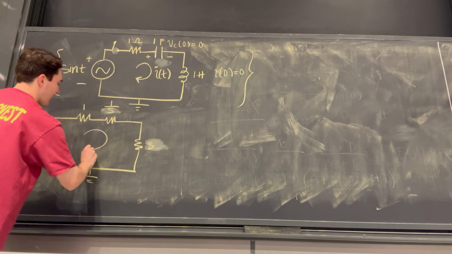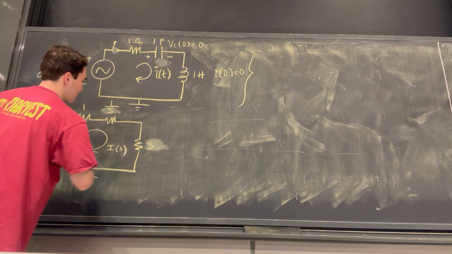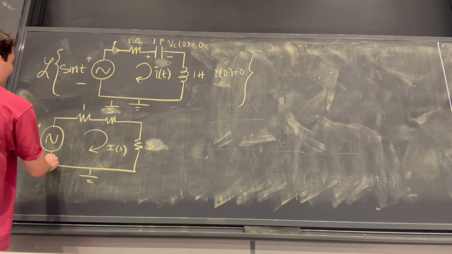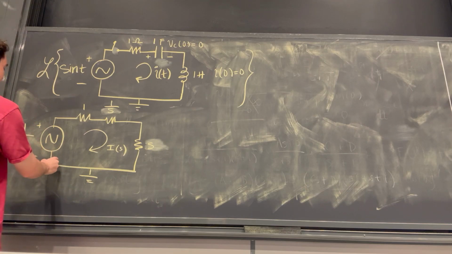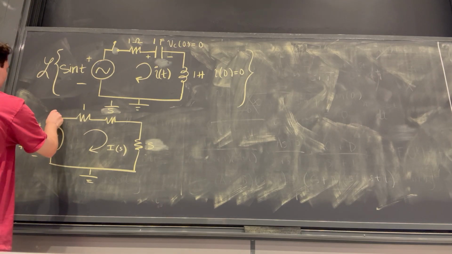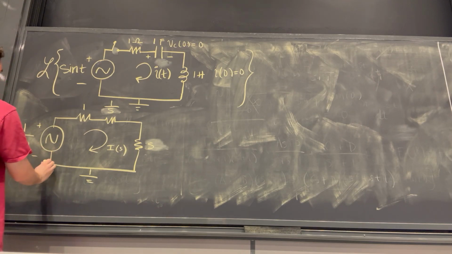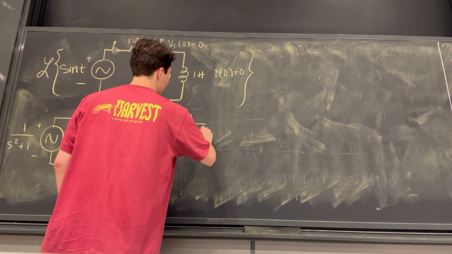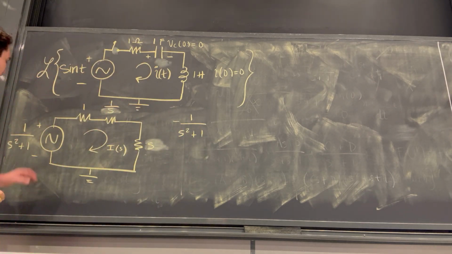So let's try to find the current in the Laplace domain using Kirchhoff's voltage law. Kirchhoff's voltage law tells us that the sum of voltage rises and falls over a closed loop is going to be 0. So let's go through this loop, add up all the rises and falls, and set that equal to 0. We go through the voltage source, from the negative to the positive end, so that's a voltage fall equal in magnitude to this here.